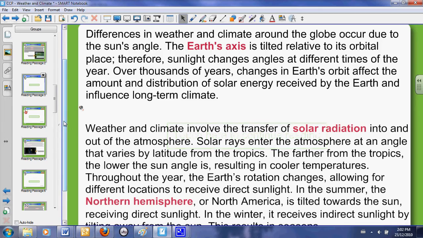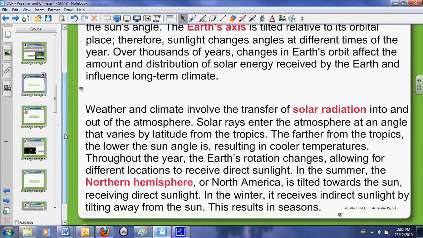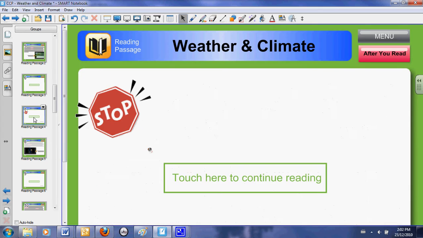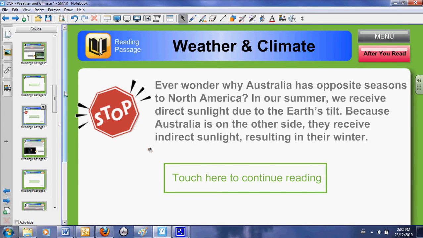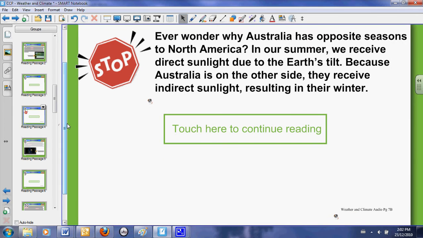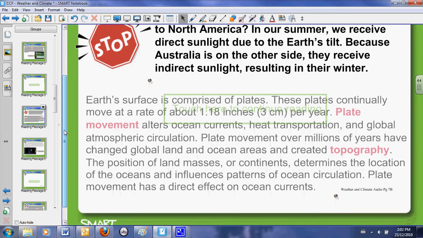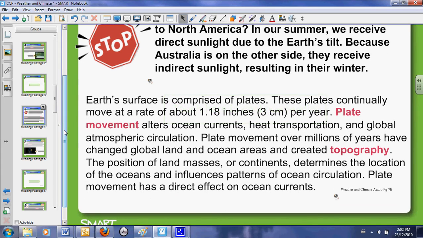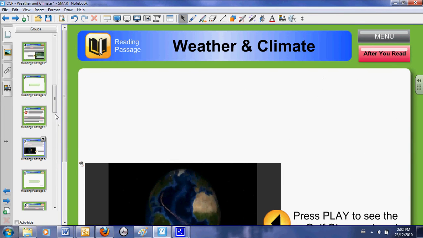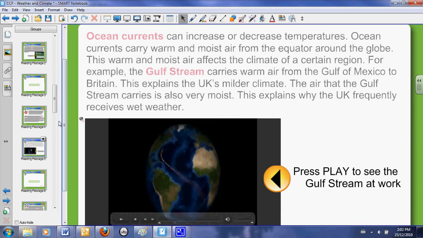Again, if the slides are going too fast, feel free to pause it. Again, some more information. And again, some more information.